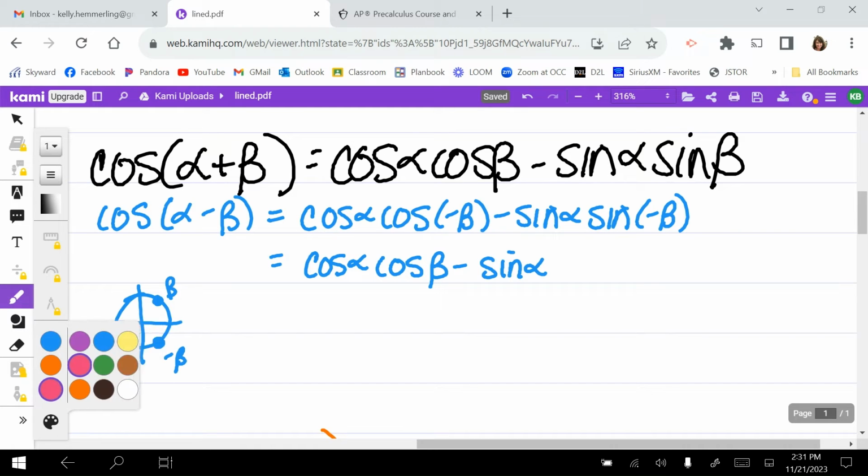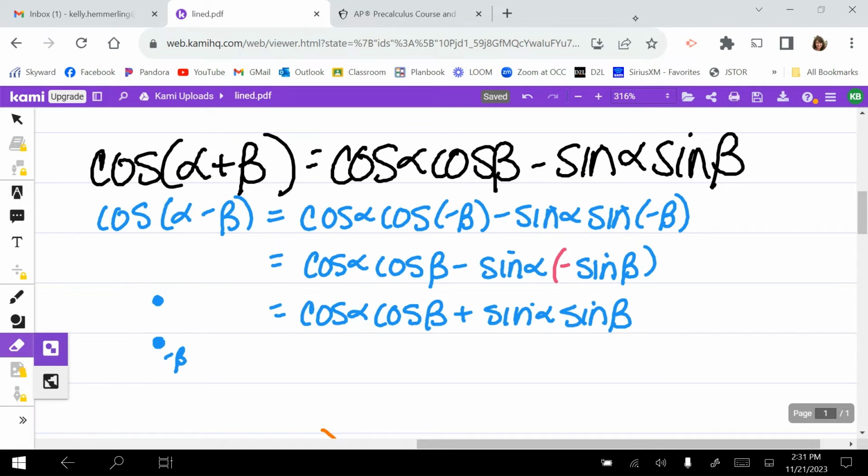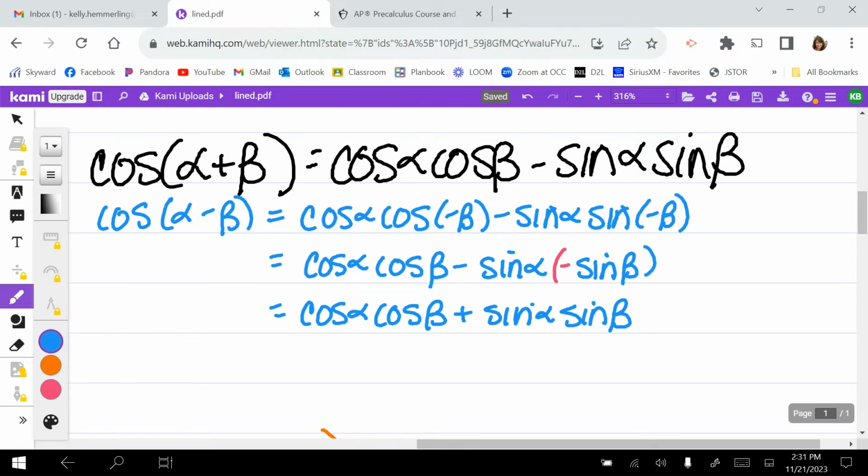So we will call this negative sine of beta. And of course, that's going to make cosine of alpha cosine of beta plus sine of alpha sine of beta our identity for cosine of alpha minus beta. Okay, so there we have the identity for cosine of alpha minus beta.